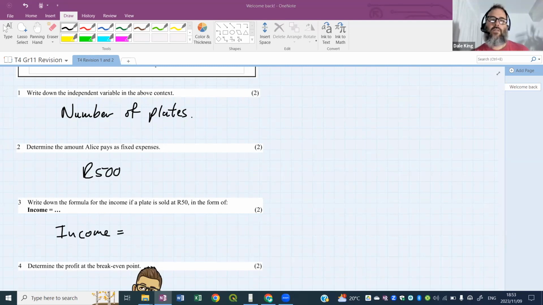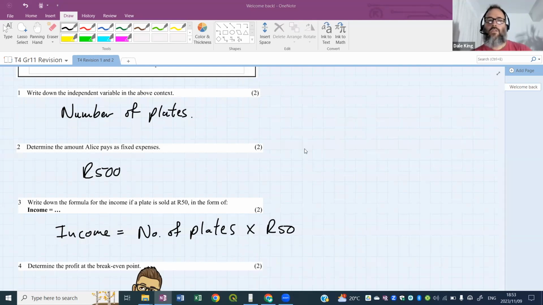Very good, Emmanuel. So income, and I'm sure you were supposed to put it equal. The income equals the number of plates times 50 Rand. Now, Emmanuel's used the words number of plates. I'm sure some of you were thinking of something else.